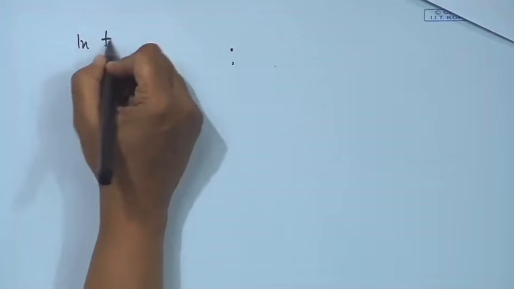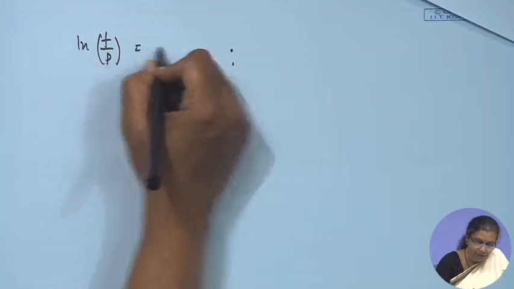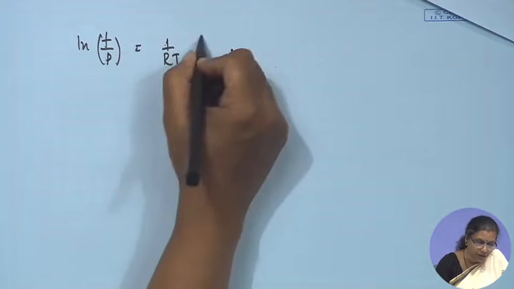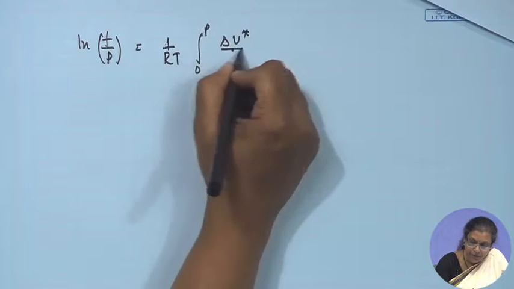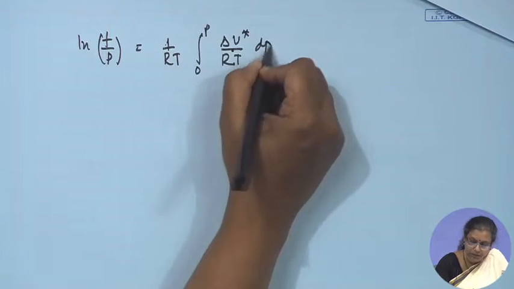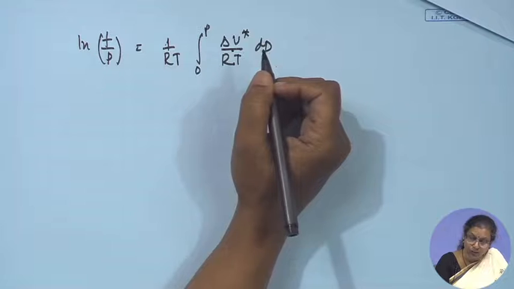So, if we have data on delta V star, then we can directly write ln f by p equals 1 by RT integral from 0 to p of delta V star dP. But for this, what do we need to know?